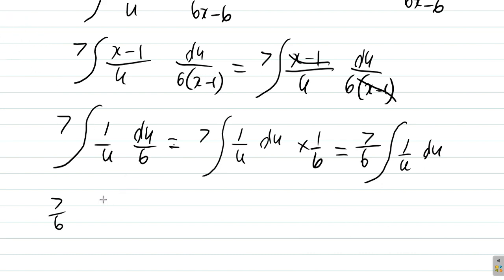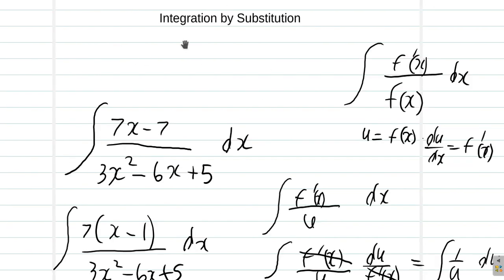Now, the integral of 1 over u du is going to be ln u plus c. But remember the u here, you are the one who had put it there. So you're going to change it back into the form of x that you had. So it is 7 over 6 ln. So what is u again?